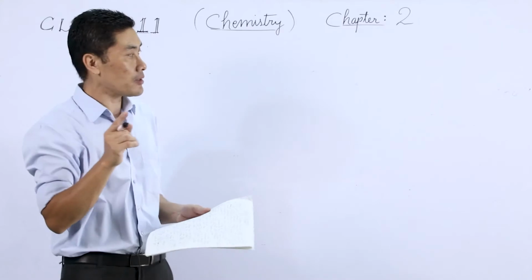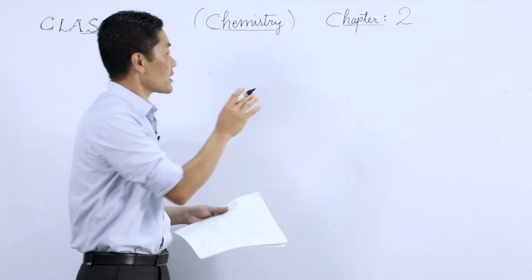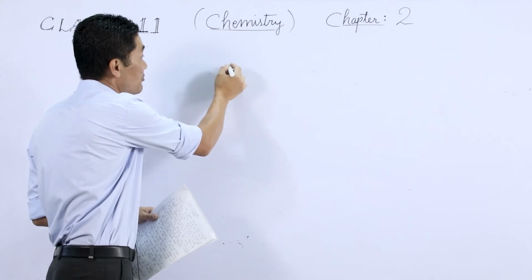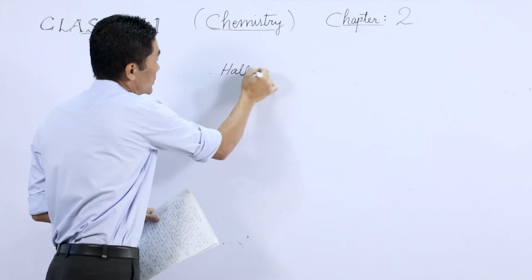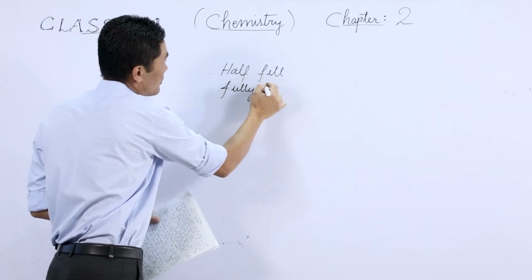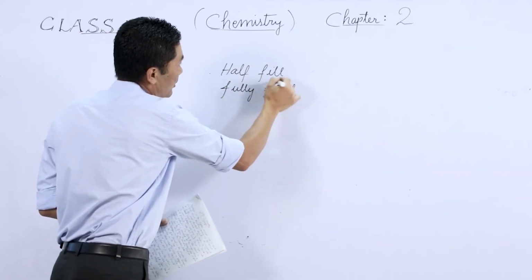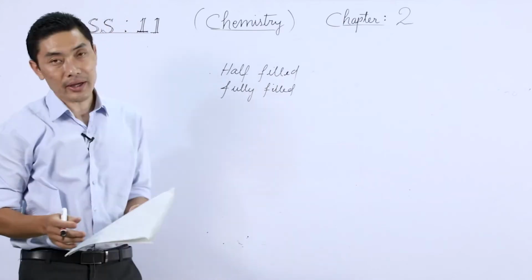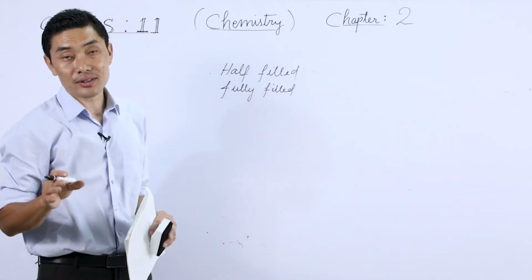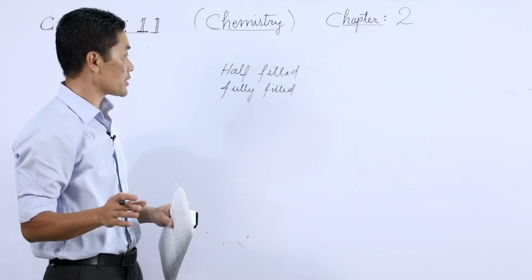But before that, let us try to understand half filled and fully filled orbitals. The half filled and fully filled orbitals are more stable than the other kinds of configurations.